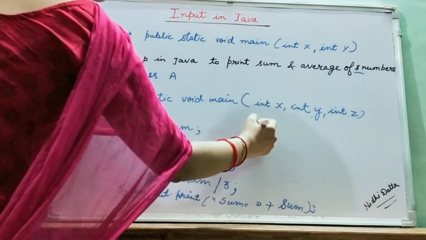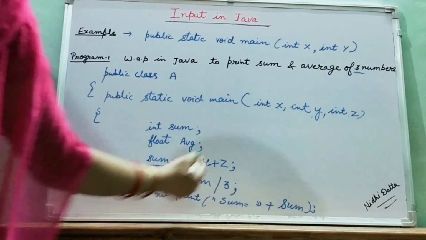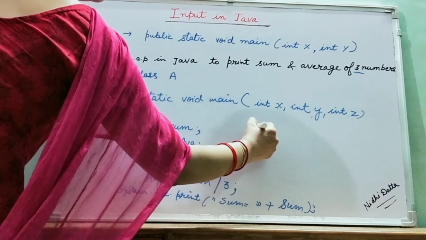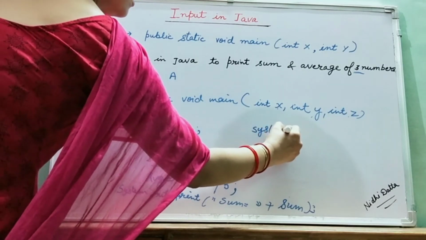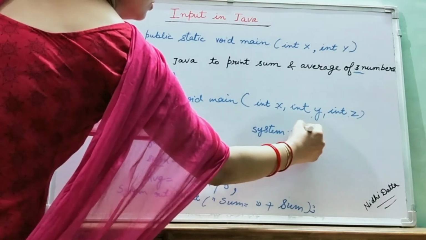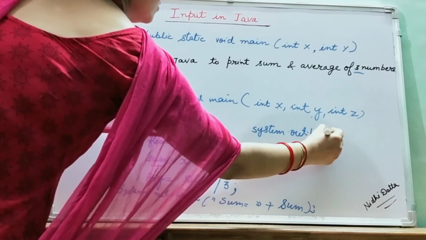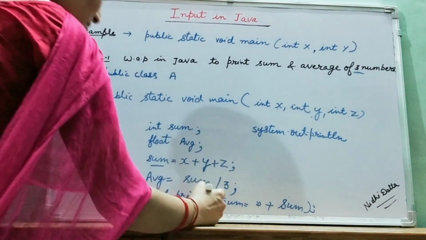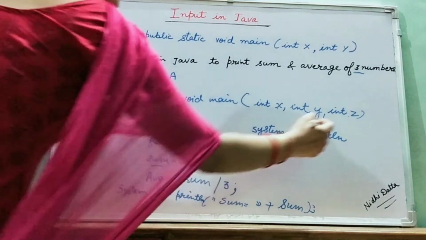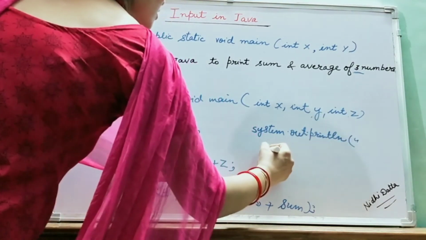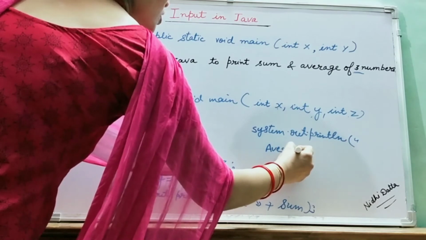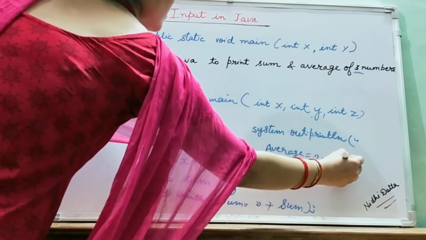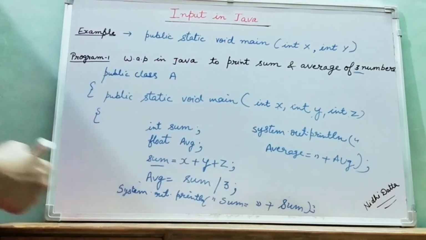For the second statement, where we want to print the average, I'm writing System.out.println, a concept done in previous videos, and "average is equal to" in quotes, close quotes plus avg, the variable name, bracket close and semicolon.